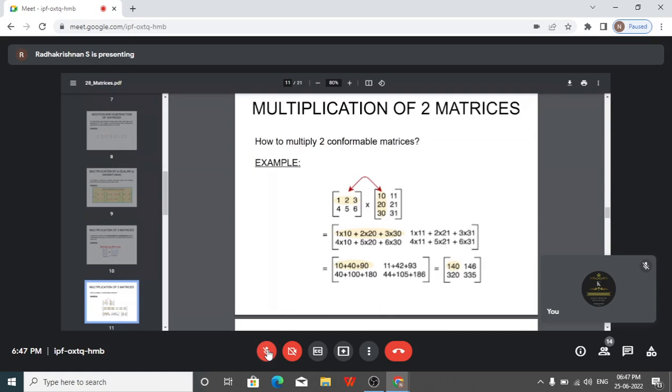So that 140 is the 1,1 element. அதே மாதிரி first ரோவையும் second column எடுத்து மல்டிப்ளை பண்ணா that will be the 1,2 element. So that value is 1 2 3 and 11 21 31. இதை மல்டிப்ளை பண்ணா we get 146. That will be 1,2.